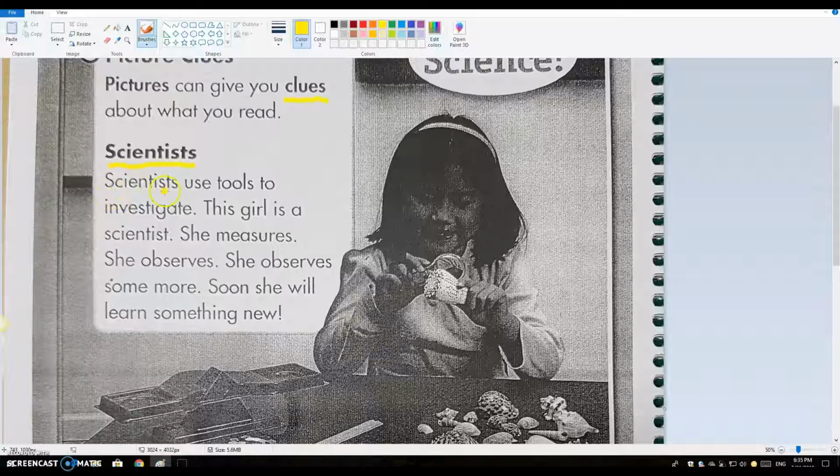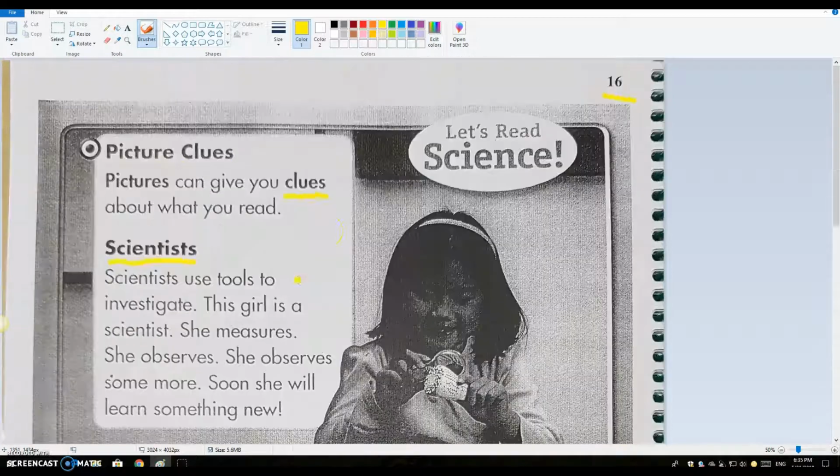Okay. Scientists use tools to investigate. This girl is a scientist. She measures. She observes. She observes some more. Soon she will learn something new. Okay, so let's go back to our word clue.